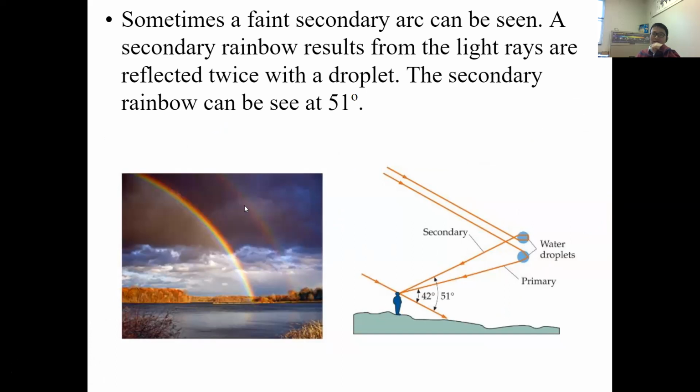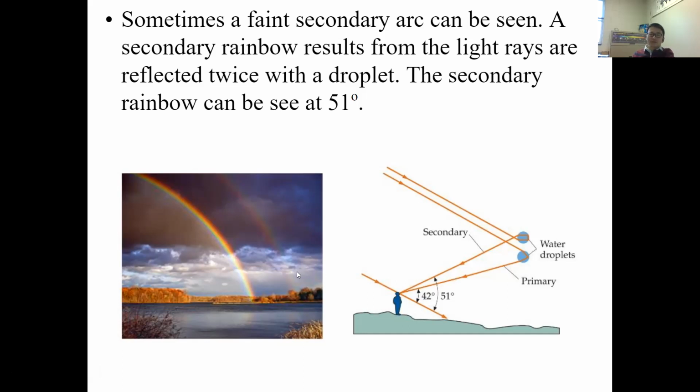The secondary rainbow is dimmer because there is an intensity loss due to that. It is typically above about 51 degrees from the horizon when you look up. So that's the double rainbow that you see.